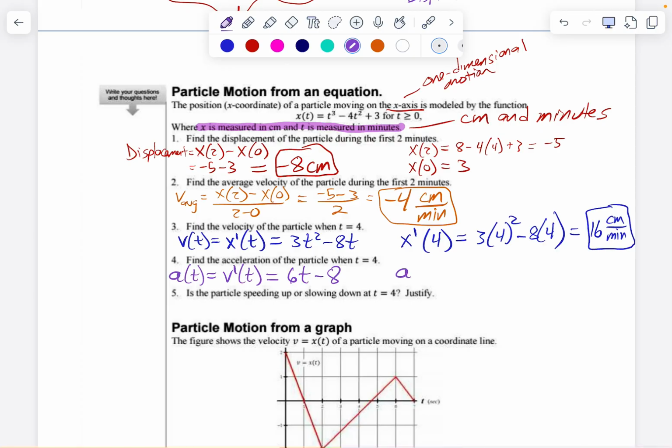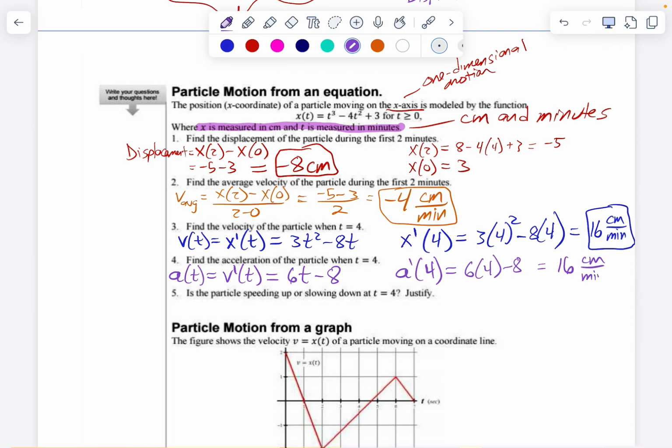Now we come over and say a of 4, and that is 6 times 4 minus 8, which is 16. That is not a common thing. That's a coincidence that they're the same, so don't try to see a pattern in that. What are the units of acceleration? Centimeters per minute squared.